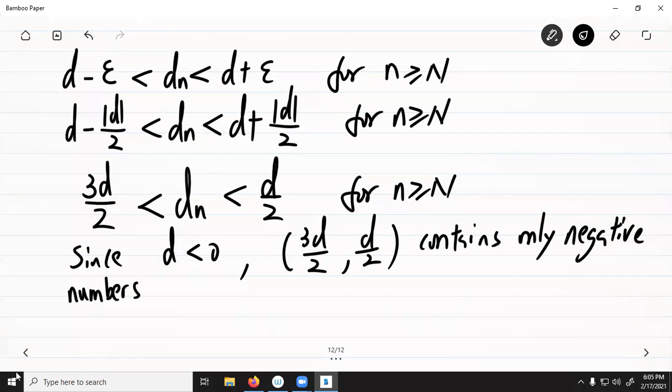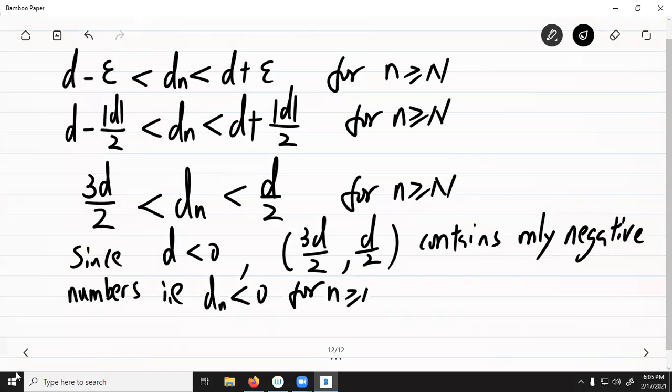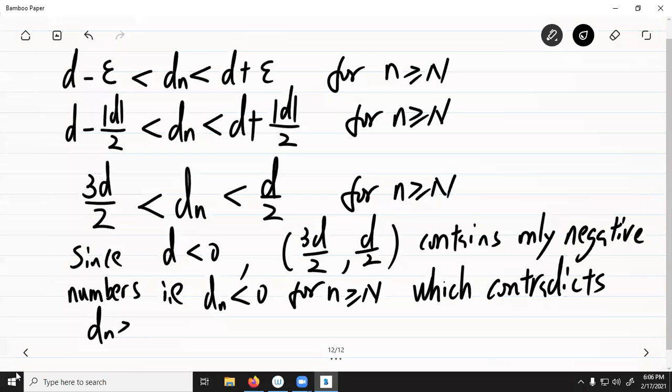So that means when n is greater than this capital N, then the dn are negative numbers, right? In other words, dn is less than 0 for n greater than or equal to this capital N, which contradicts our assumption that dn is always greater than or equal to 0 for all n.